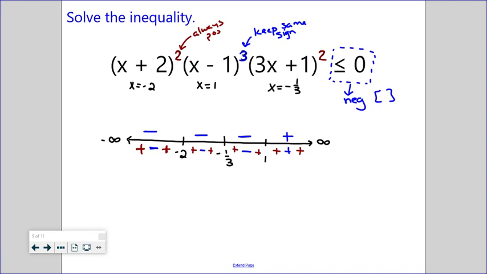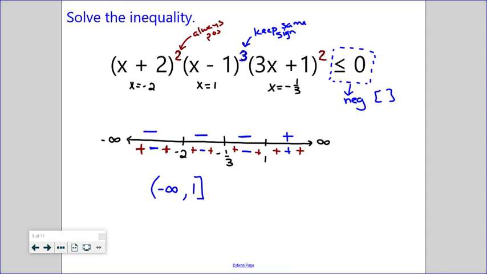So this answer set would go from negative infinity, and since these first three intervals are all negative, it goes from negative infinity up to -2, but I don't have to break. So then I just continue on to the next one, which would be -1/3. And I still don't have to break, all the way up to +1, including that +1, which would be all of the places that it is negative and 0.